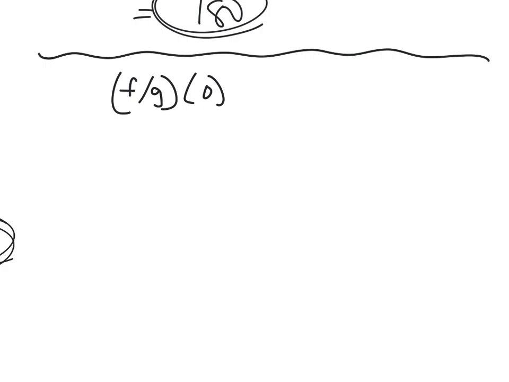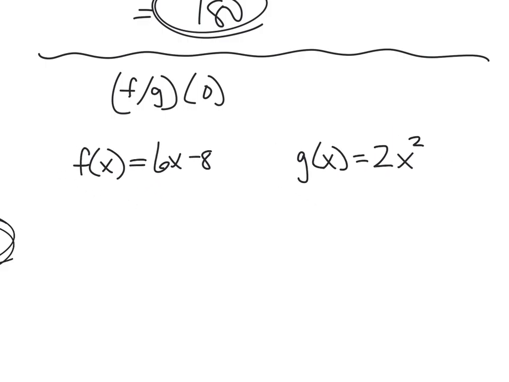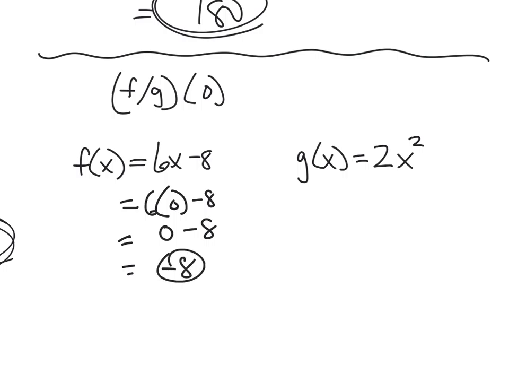First thing we're going to do is use our two equations right here, the two that they gave us, and we're going to let x be 0. So this is going to be 6 times 0 minus 8, which is 0 minus 8, which is negative 8. And then over here, that's going to be 2 times 0 squared, which is equal to 2 times 0, which is equal to 0.